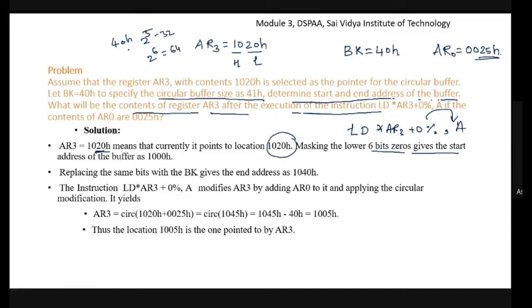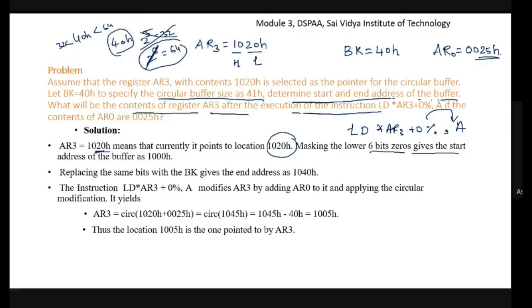This value, 40 hexadecimal buffer size, is greater than the value 32 and it is less than the value 64. The value 40 hexadecimal is nearer to 64 rather than 32. So that's why we consider the 2 to 6, the lower 6 significant bits.